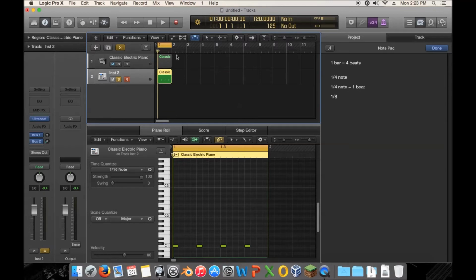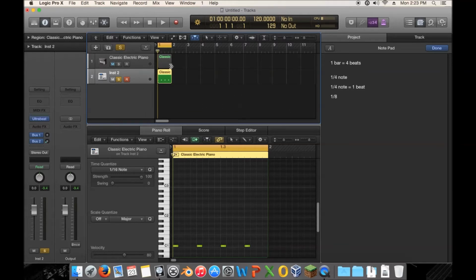So what we have is these bars, and this is the largest unit of measurement in EDM typically. So people say, oh, you got that section and it's running for 8 bars or 16 bars, or bring in that track or bring in that synth after a bar, or right before the drop you have 1 bar that's like a drum fill or something like that.